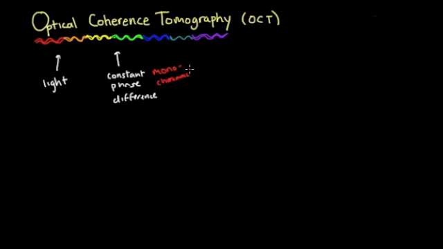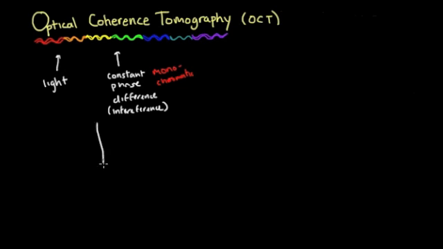Chromatic, color. So one color of light, a single wavelength of light. And when you have monochromatic light, interference becomes available. So I'll put that in parentheses. Interference. And let me illustrate what I mean by this constant phase difference.